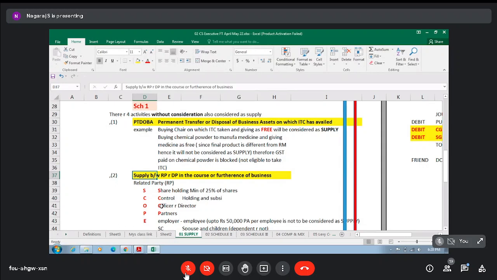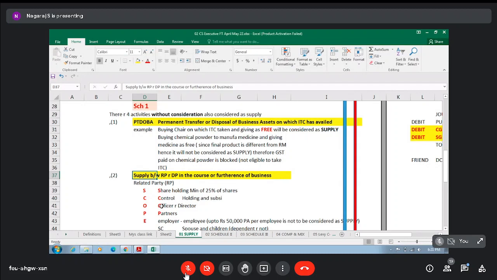O, officer or director. If the company supplies anything to the officer or director without consideration, that is also a supply. P, partners. If the firm supplies any goods or services to the partners without consideration, then also it becomes a supply.